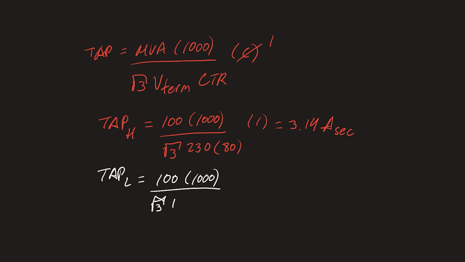In this case, it is 13.8 kV times the CT ratio, which in the case of the low side is 5000 to 5, so 1000 to 1. And again, times the constant for the CT connection, which in this case is a Y connected CT. So that constant is going to be a 1. And if we calculate this, we get that this is equal to 4.18 amps secondary.